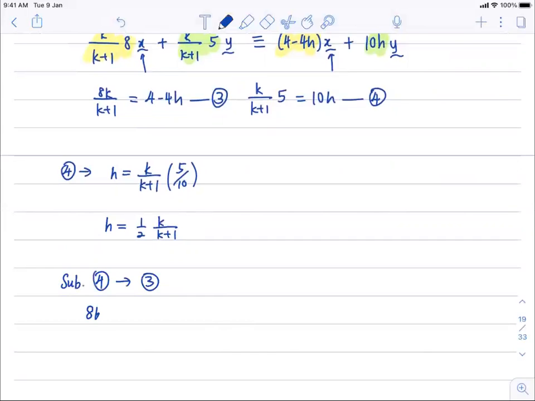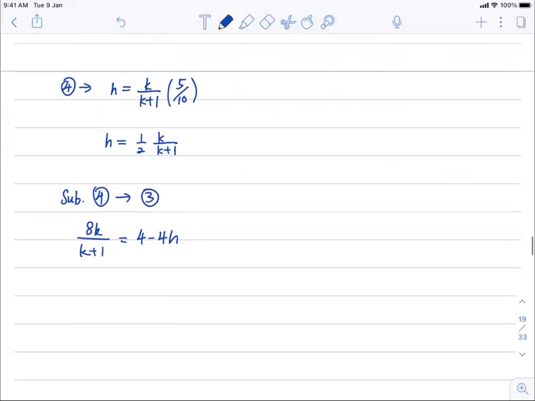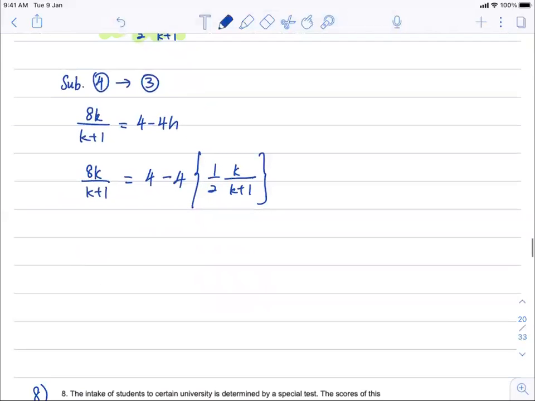Equation 3 is 8k over k plus 1 is equal to 4 minus 4h. So 8k over k plus 1 is equal to 4 minus 4, and then we substitute in h. h is half k over k plus 1. We take the h from here. Then we simplify the equation. 4 minus 2k over k plus 1.